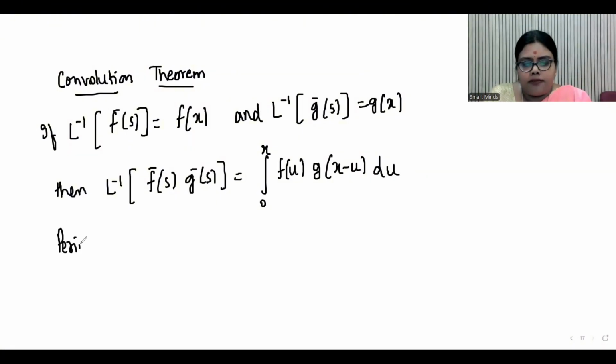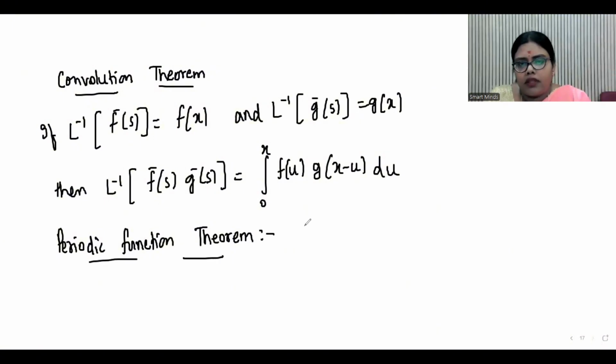Then next, what is the periodic function theorem? There are two important theorems, one is the convolution theorem, the other is the periodic function theorem.